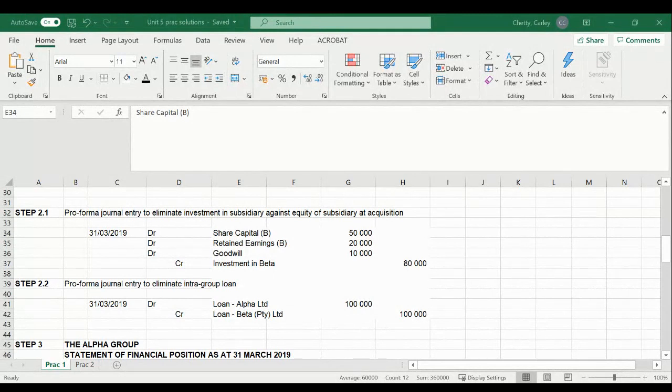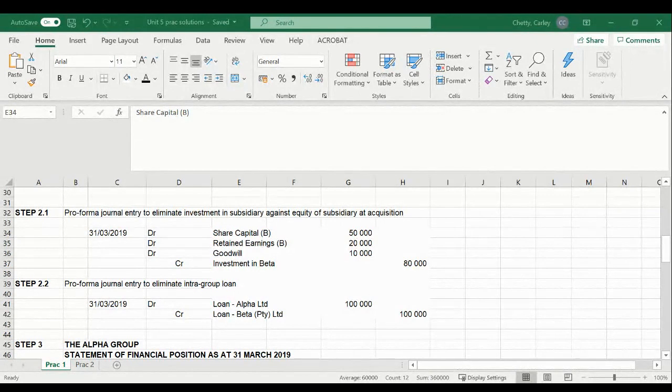In Alpha's separate financial statements, it will show a debit investment in Beta of 80,000 Rand. This shows the consideration that Alpha paid for Beta. Because it is a debit in Alpha's separate financial statements, when we prepare consolidated financial statements, we need to eliminate this investment against the equity in Beta.